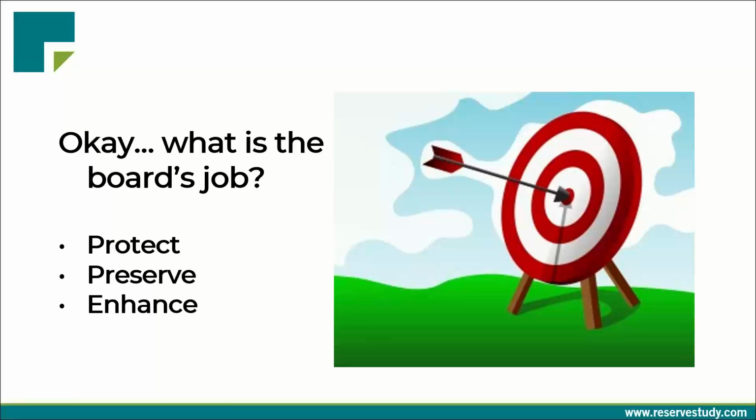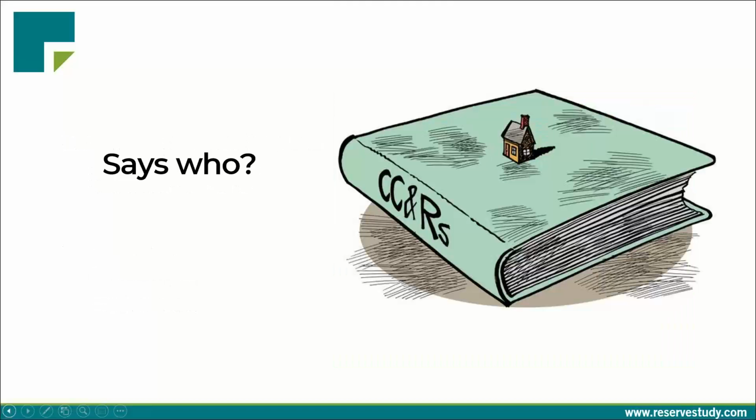But the board really has to take this responsibility. You have to take it seriously. And who says that the board has this? You look into the governing documents and you see what the obligation of the board is, and it's really to protect the interests.